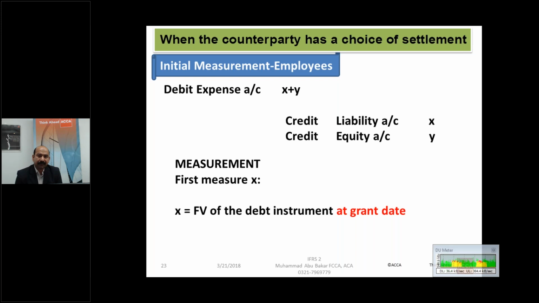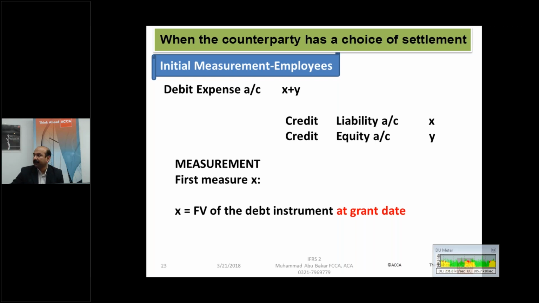This is a hybrid instrument. So here again, we are measuring X and Y first in case of employees, and obviously this is a double entry. Expense will be simply an addition of these two figures. This treatment is for employee.